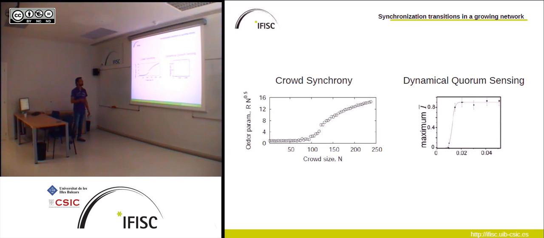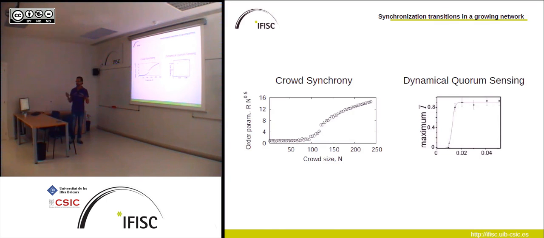The case of crowd synchrony is a smooth increase of a certain order parameter, a parameter that measures how synchronized our system is, from a low level of synchronization or no synchronization to a high level of synchronization, with this smooth increase above a certain critical number of elements in our system.